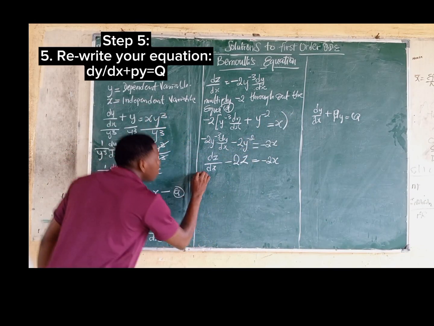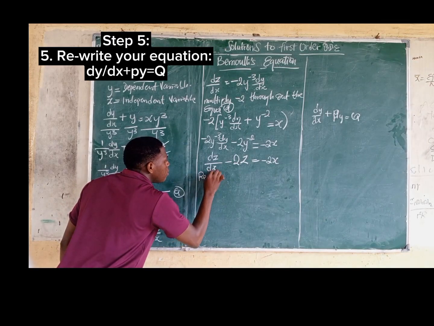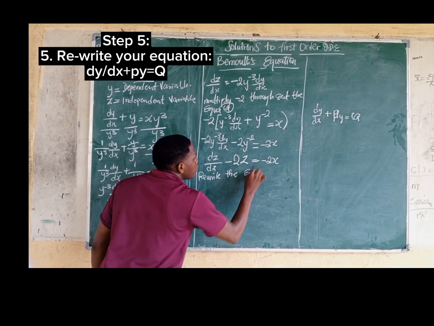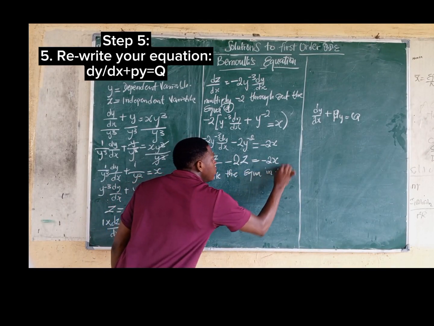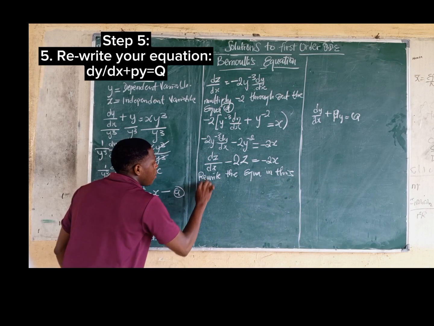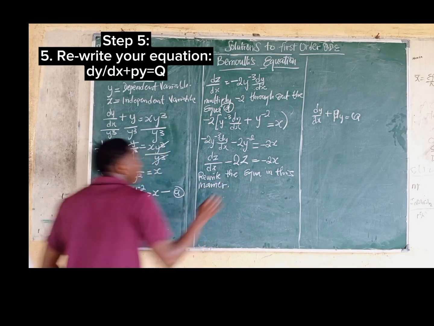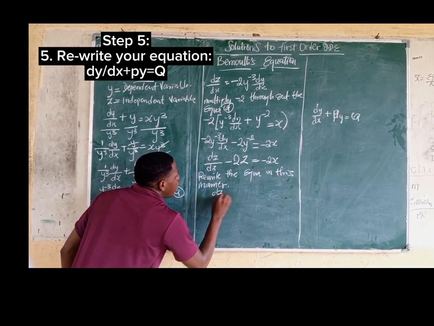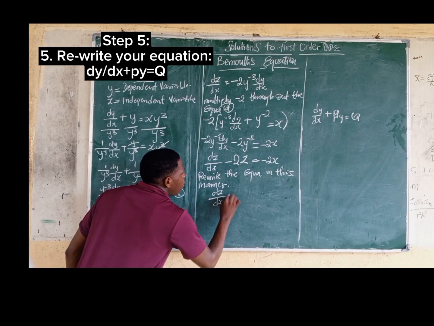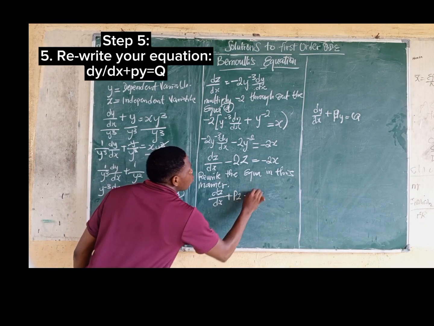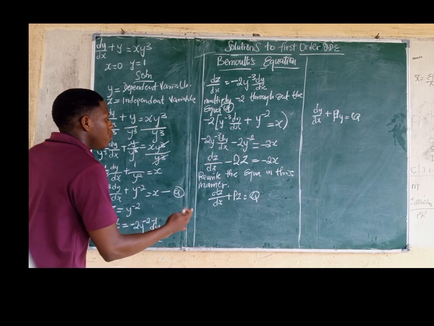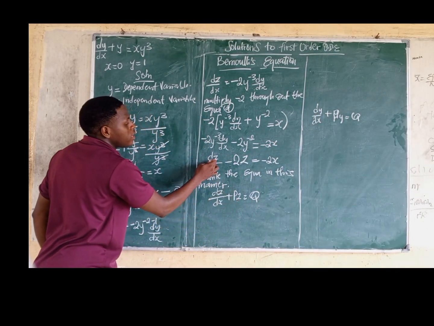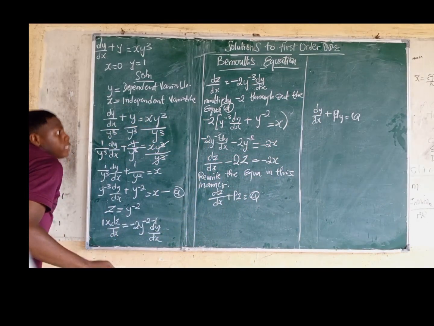So the next thing is to rewrite the equation in this manner. Now what is the manner? The manner says dz over dx plus pz equal to q. Instead of using y, we are using z, because that is the variable we are interested in.